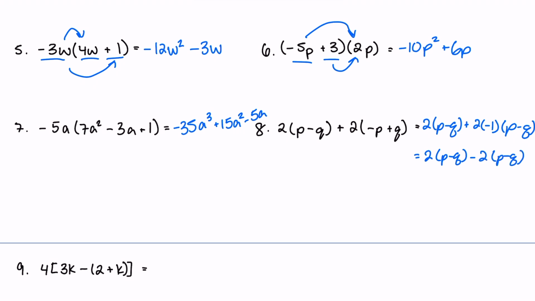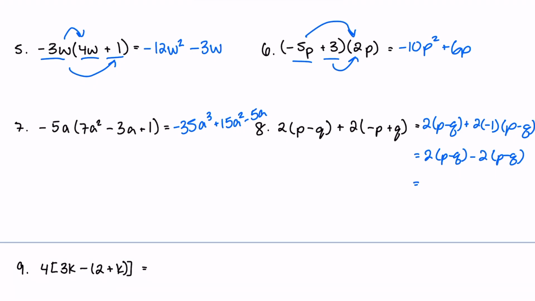And if you notice, we have a positive 2 times p minus q, and we have a negative 2 times p minus q. So those would cancel. It's like saying, let's say p minus q is equal to a, for example. So it would be like saying 2 times a minus 2 times a. Those things would cancel out with each other, giving us 0. So whichever way is easier for you. That's just a little trick.